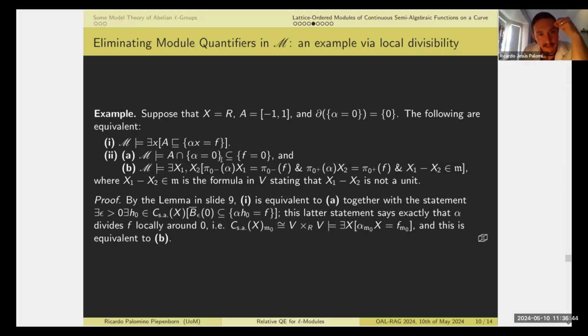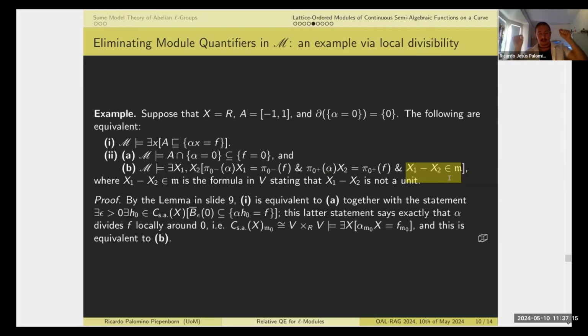What is this statement saying? Well, it's saying that there exists some germ at the left-hand side of 0, such that at this germ, alpha divides f. Then you have another germ that witnesses that alpha divides f on the other side. And then you have these two one-sided germs, and you want to make them compatible so that you get a full, actual, honest germ at 0. And that's what this statement is saying.